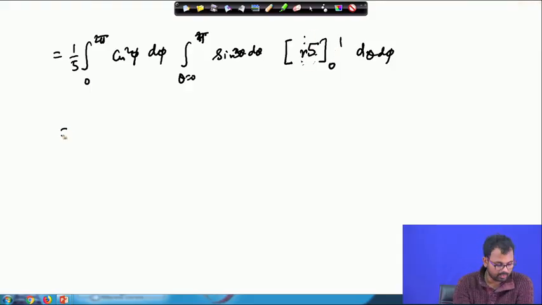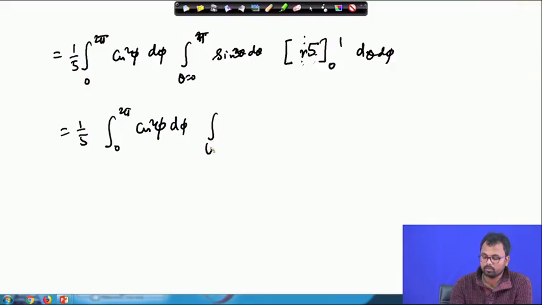So this term will remain as it is, and then here we will have integral from 0 to 2 pi cos square phi d phi, integral from theta running from 0 to pi sine cube theta d theta.